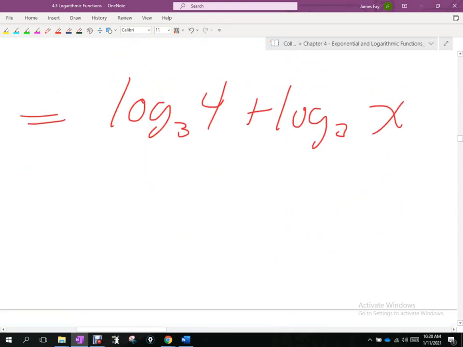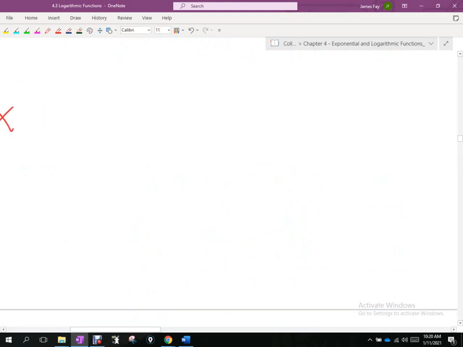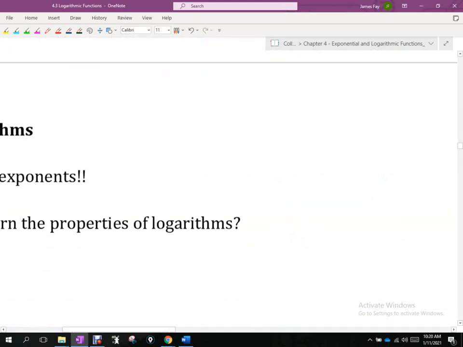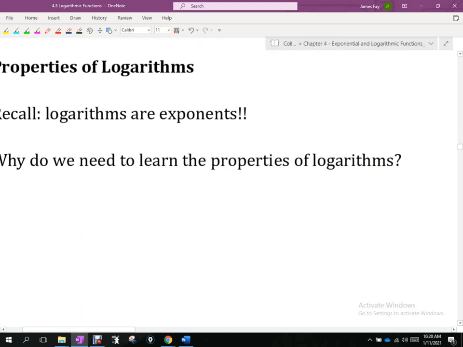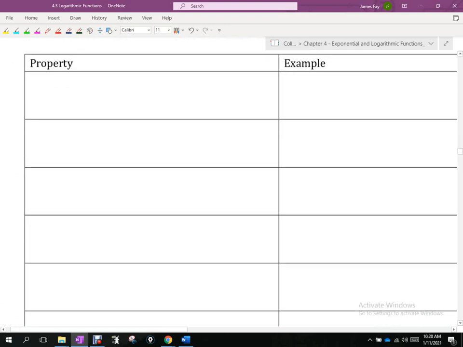Okay. The next thing I want to talk about are some properties of logarithms. And you've seen some of these in the past.